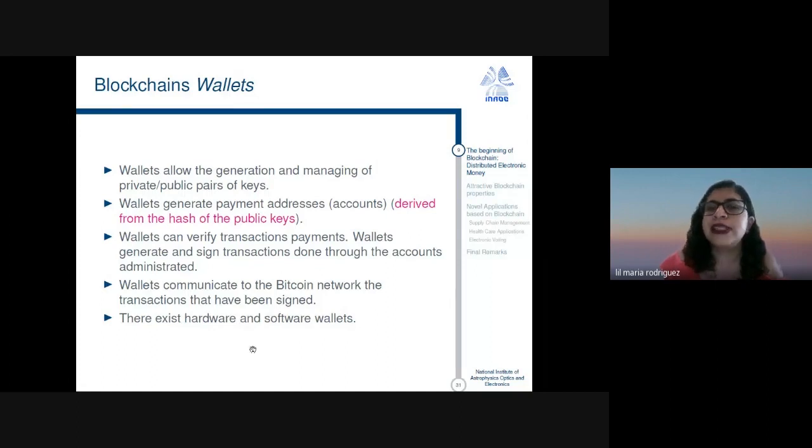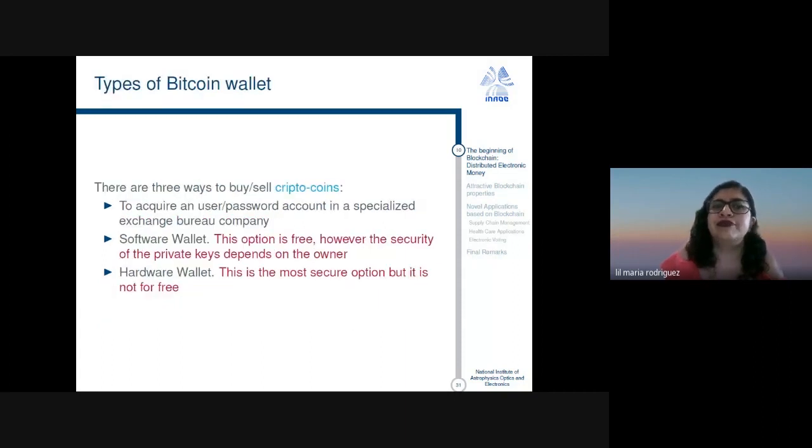We have to consider that there are hardware and software wallets, and mainly we can say that there are three ways to buy and sell crypto coins. One of those is to get a user password account in a specialized exchange application.